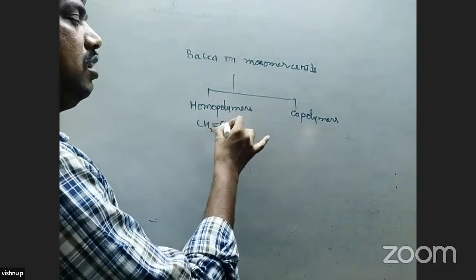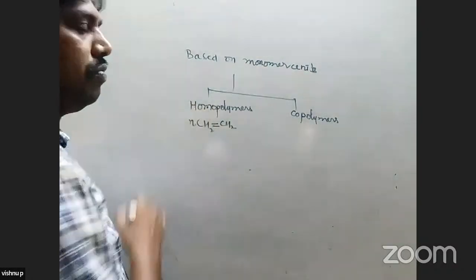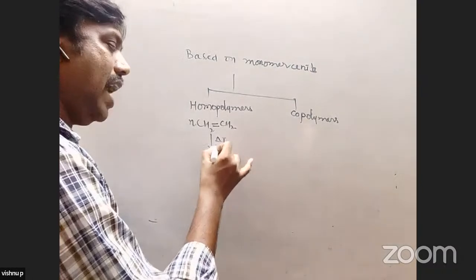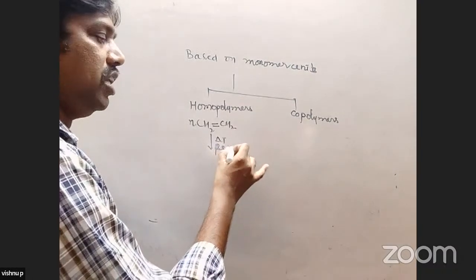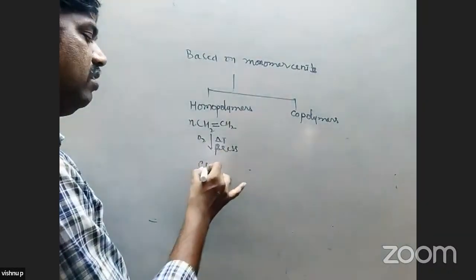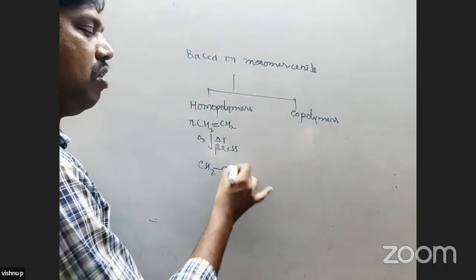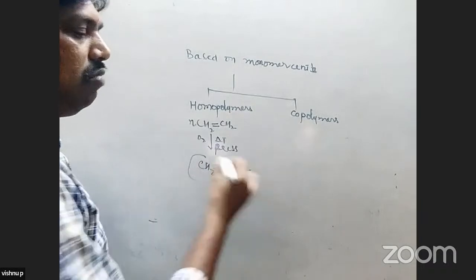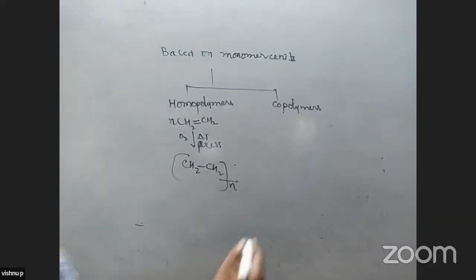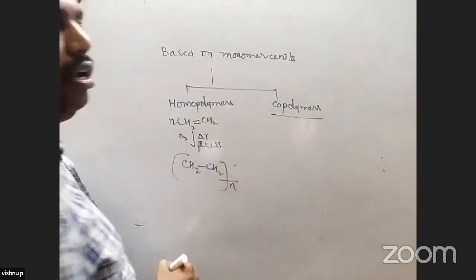Example, polythene. N number of ethene molecules combine at high temperature and high pressure in the presence of oxygen. Polythene is formed. It contains only one type of monomer units. This type of polymer is called a homopolymer.